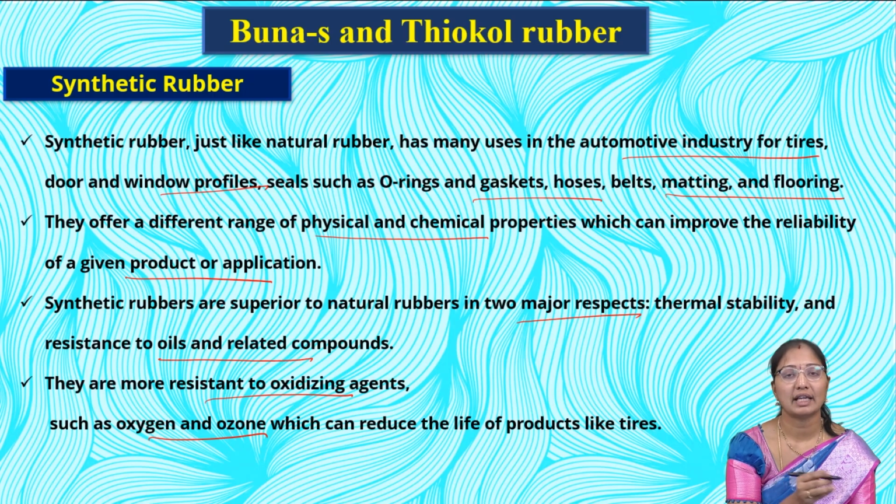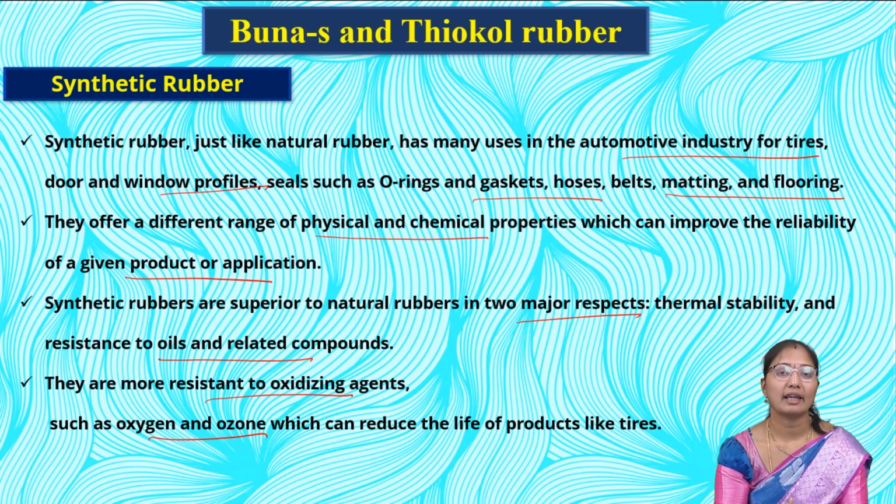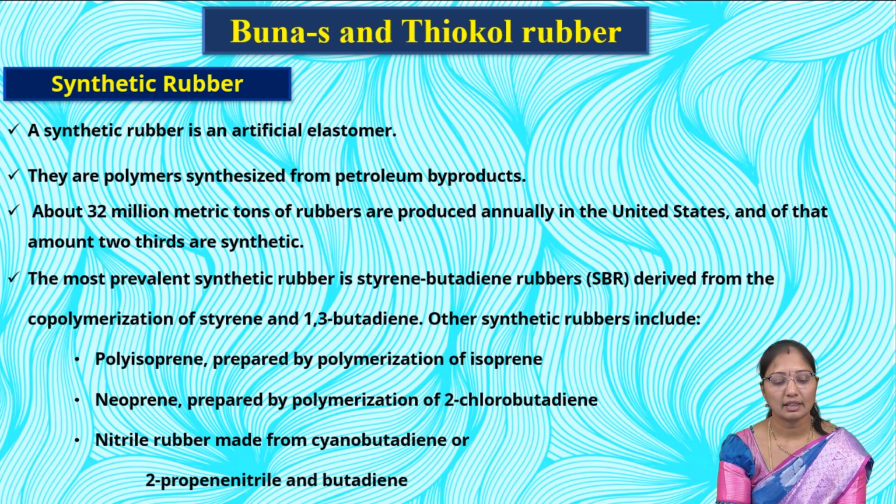Compared to natural rubber, synthetic rubbers are generally resistant to oils and oil-related compounds, and highly resistant to oxygen and ozone, whose reaction with rubber reduces the quality or life of products like tires. So synthetic rubber is an artificial elastomer. As you know, all these rubbers come under the category of elastomers. An elastomer is a polymer which has the elasticity property.